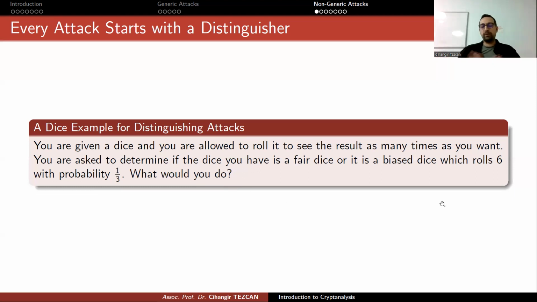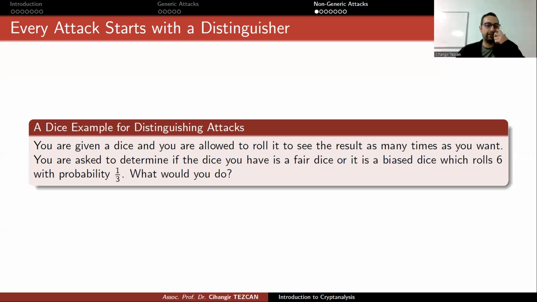Of course, when you think about it, you can say that I can roll the dice n many times and look how many times I observe 6. Rolling it n many times means that you are turning a Bernoulli trial into a binomial distribution, right? Because seeing the 6 is success and not seeing it is a failure.